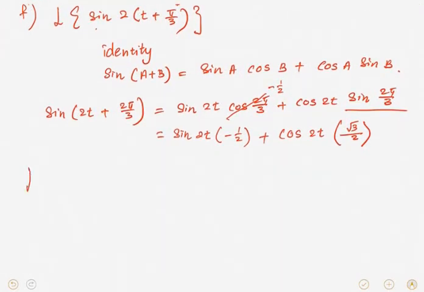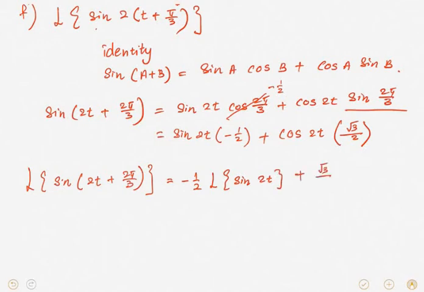So the Laplace transform of sine 2t plus 2 pi over 3 is equivalent to negative half Laplace transform of sine 2t plus square root 3 over 2 Laplace transform of cos 2t.